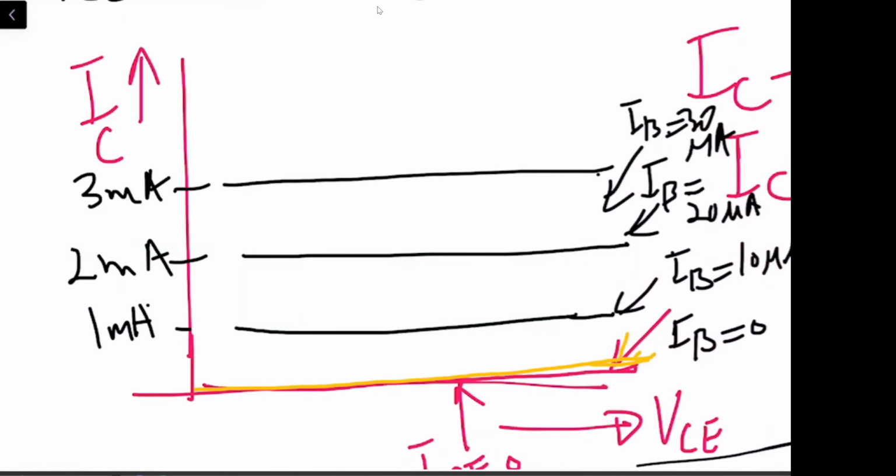Now when you are reducing the value of VCC, you are eventually reducing the value of VCE. Now, if you see, as we are reducing, the curve is somewhere in this range.